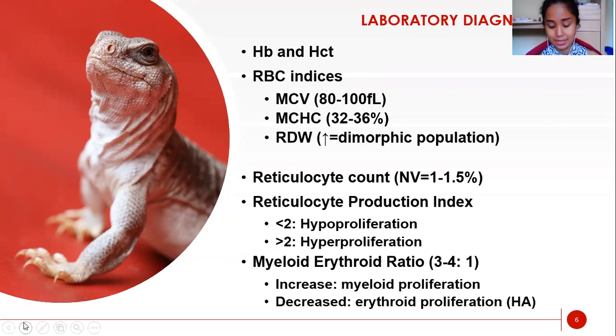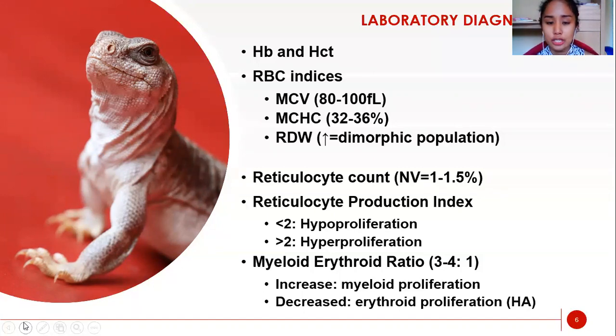Please review. When we say MCV, the mean corpuscular volume, this is the one which will dictate the size. If it's more than 100 femtoliters, expect that your red blood cells are macrocytes. If it's less than 80 femtoliters, then these are microcytes.